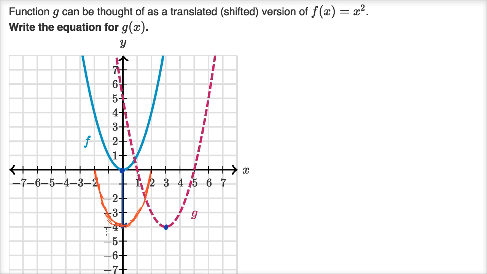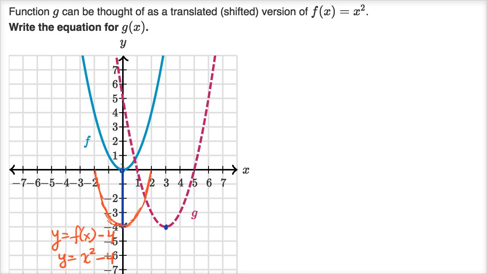So this graph is going to be y is equal to f of x minus 4. Whatever f of x value you had, you are now going to subtract 4 from that. So this is going to be y is equal to x squared minus 4.